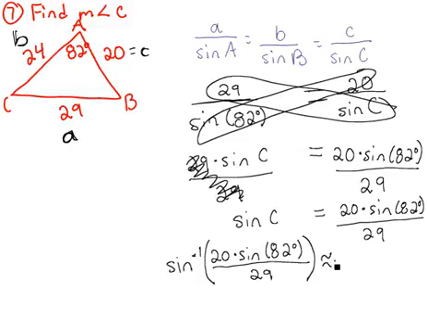Now, this is probably the hardest part of the law of sines. You have to punch this in your calculator correctly. Make sure you put parentheses around the whole numerator. Brackets and parentheses, remember, are functionally the same. So if you want to use brackets to make it clear which ones match up, that's perfectly fine. If you had two things down here, you'd need parentheses around this as well.